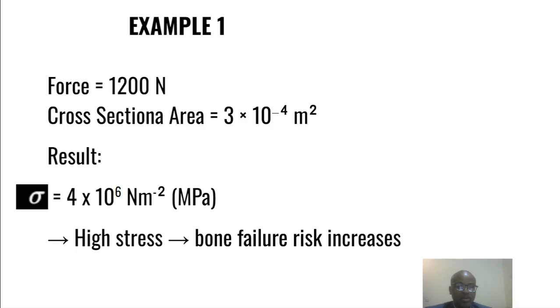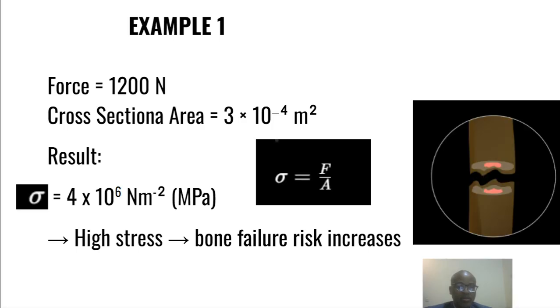The problem has been solved here. As you can see, on the bone on the right of the screen, a force of 1,200 newtons was applied to a cross-sectional area on the bone of 3 times 10 raised to power minus 4 meters squared.